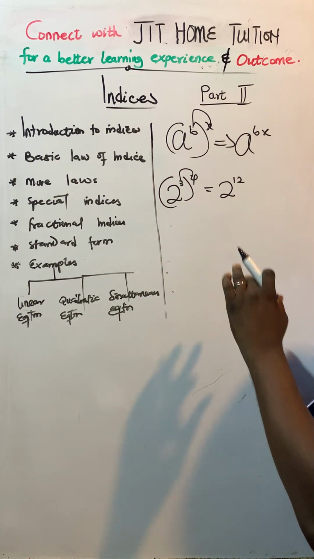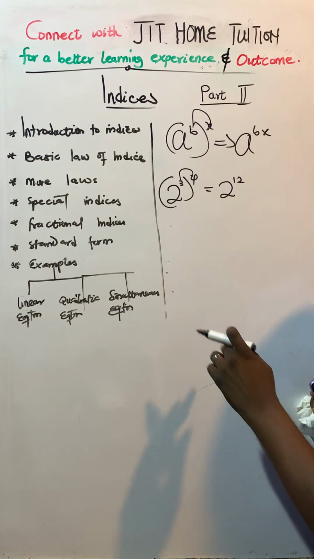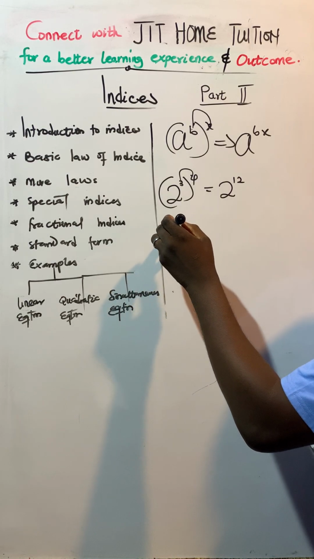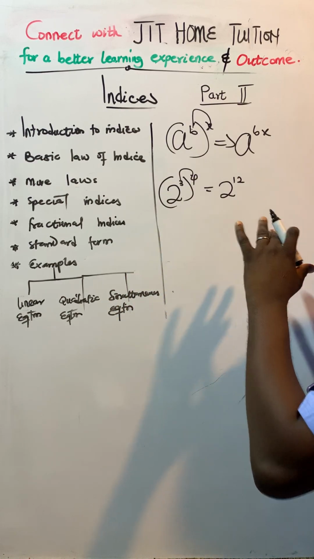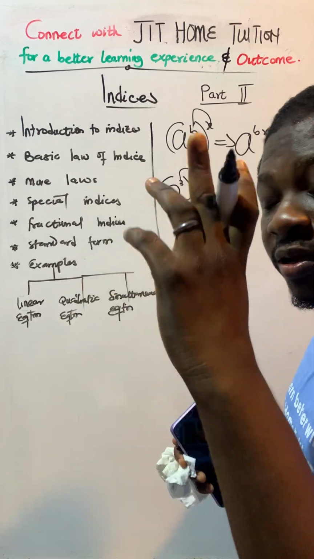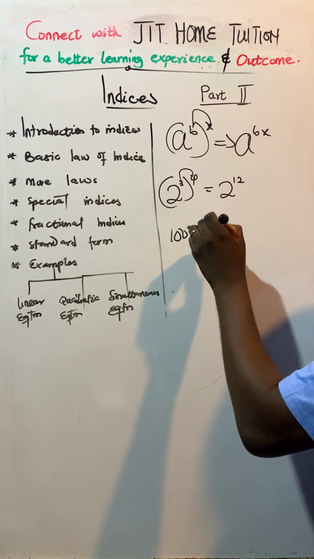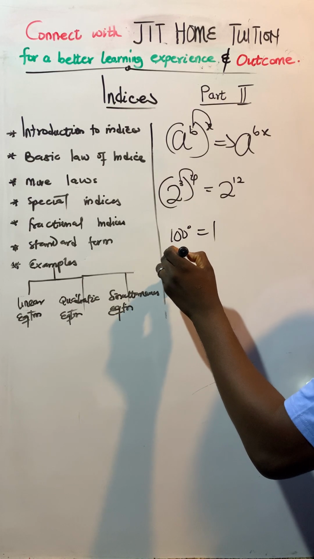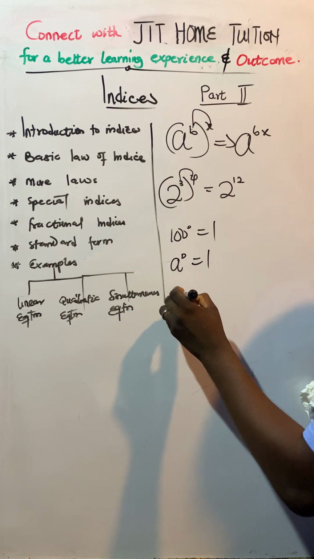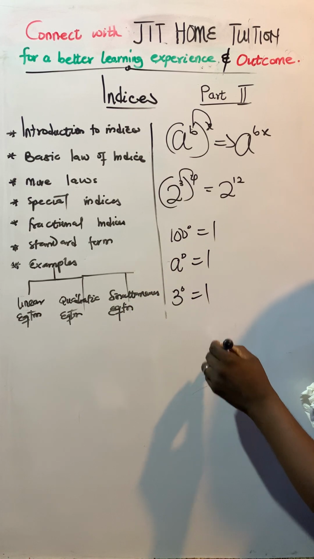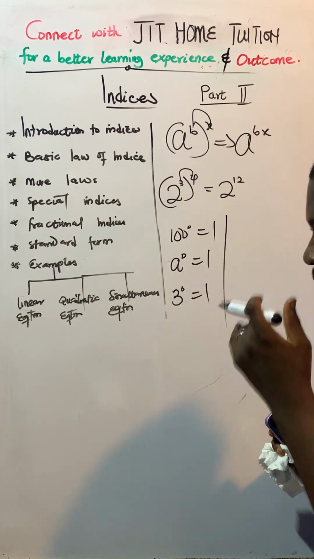Another law that I want to bring to your attention is when you have any number raised to the power 0 is 1. So when you have 100 raised to the power 0 is 1. When you have a raised to the power 0 is 1. When you have 3 raised to the power 0 is 1. You have to keep it at the back of your mind.